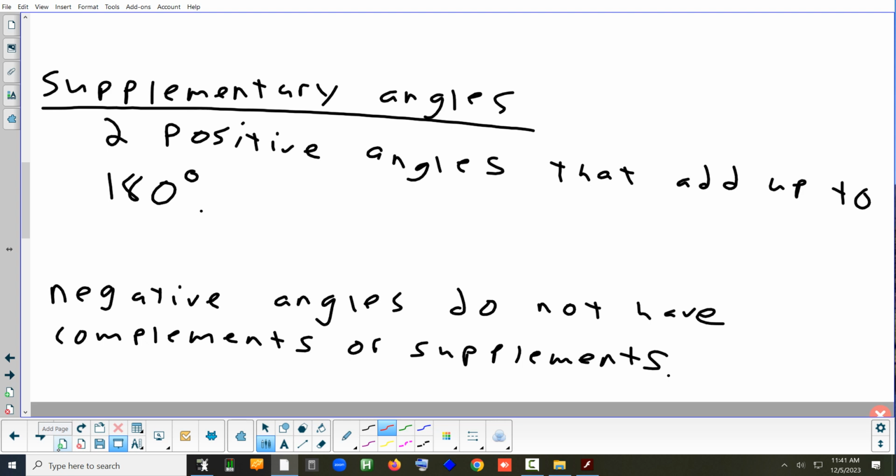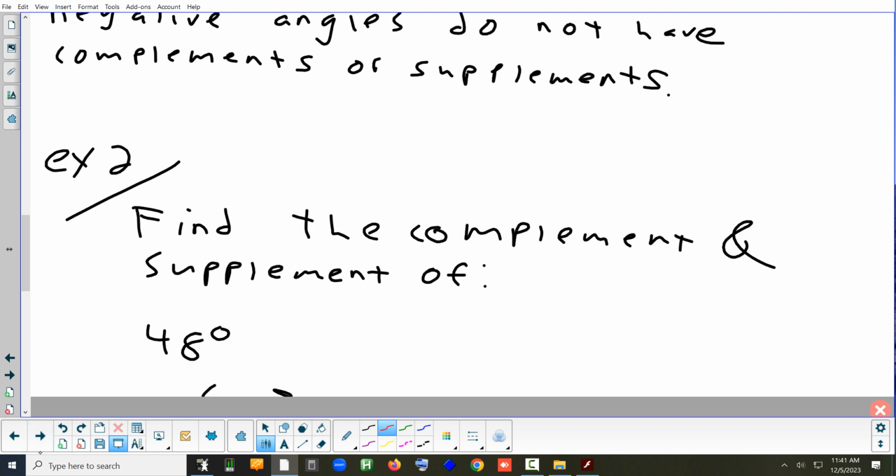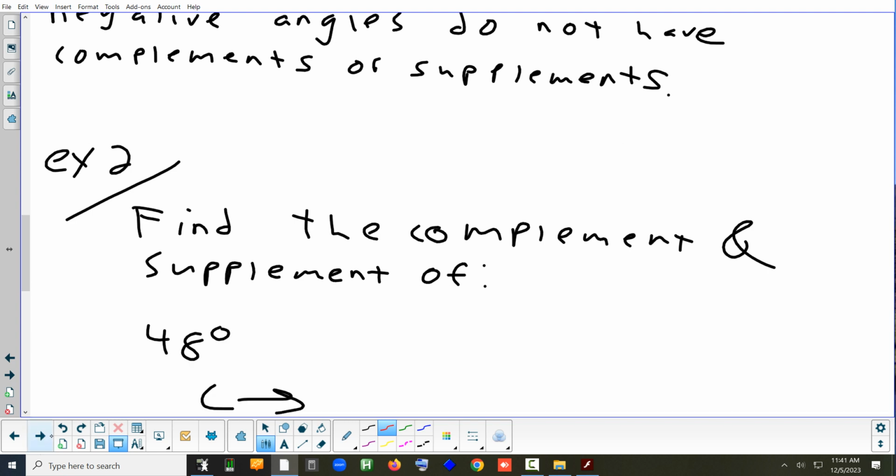Okay, so let's look at a few angles and just see if we can find the complement and the supplement. What would you add to the angle to get 90? That's the complement. What would you add to the angle to get 180? That's the supplement. We'll start with 48 degrees.